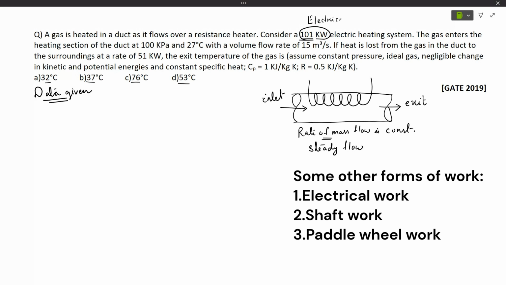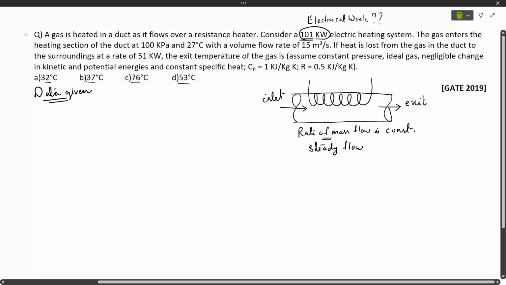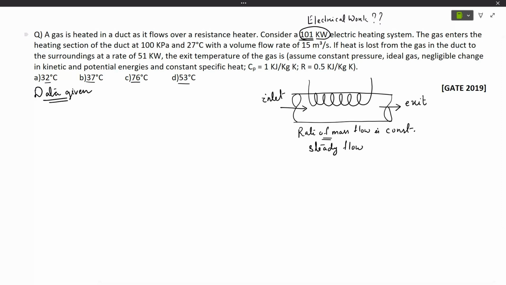Now what is this electrical work? When an electric current flows through a resistor, or you can say a system, there is a work transfer to the system. That work transfer is nothing but electrical work. So here we can consider W equal to 101 kilowatt.